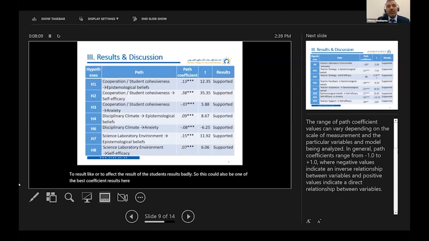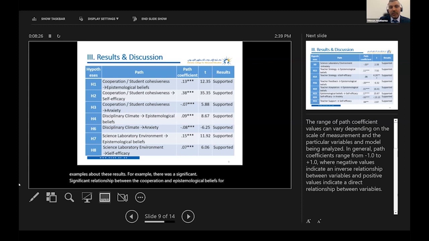Here are the results of the discussion. Let me give you some examples about these results. For example, there was a significant relationship between the cooperation and epistemological beliefs.